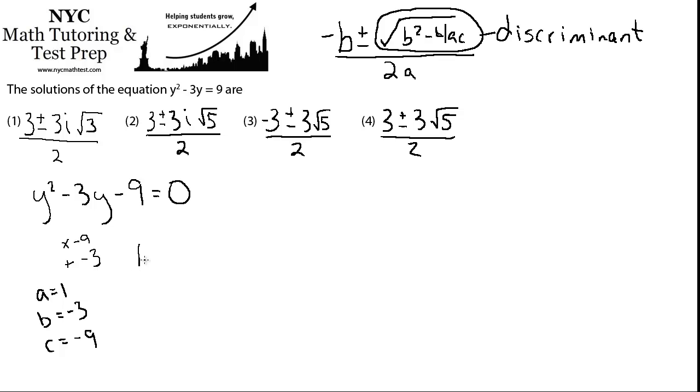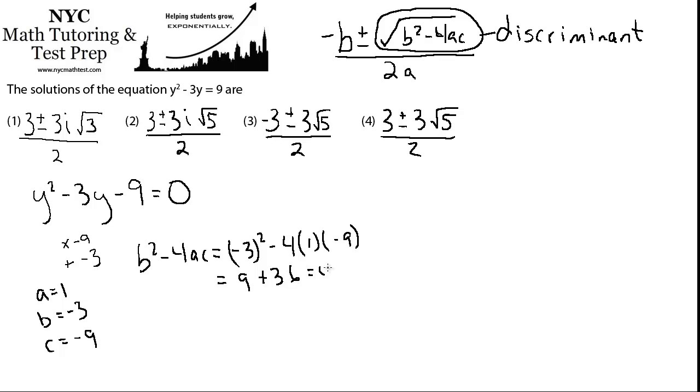So b squared minus 4ac equals negative 3 squared minus 4 times a, which is 1, times c, which is negative 9. So what is that? That's 9 plus 36, which is 45. So b squared minus 4ac is 45.